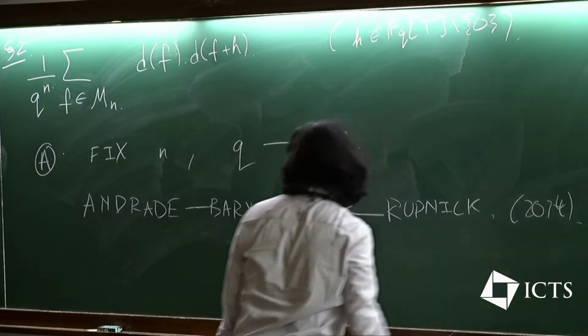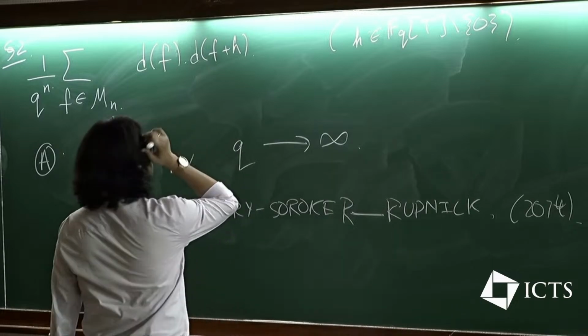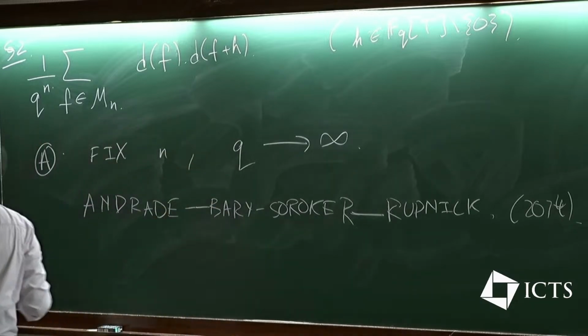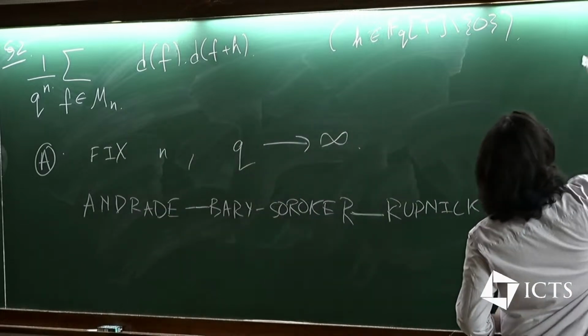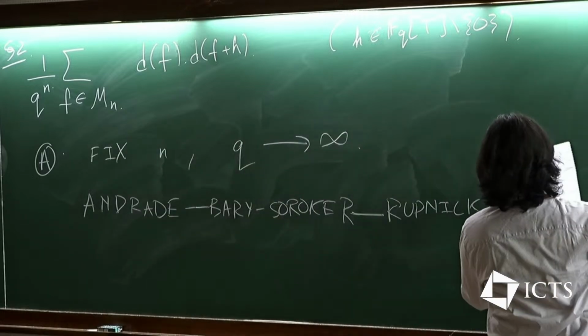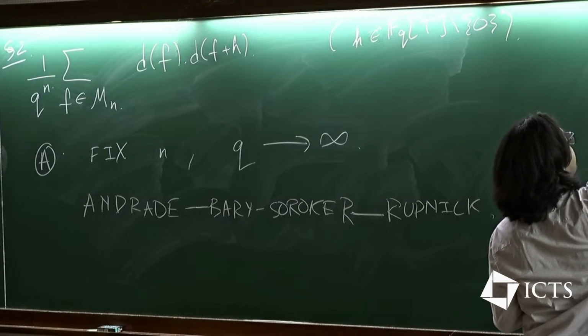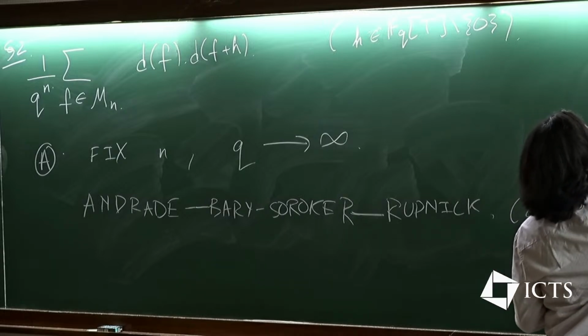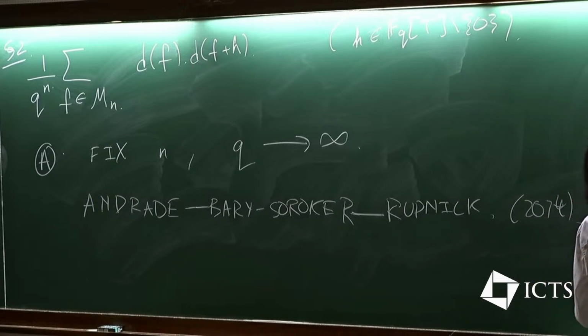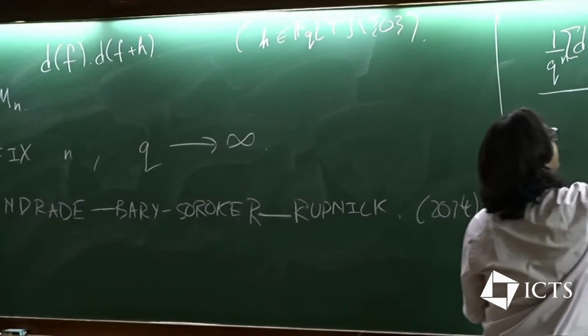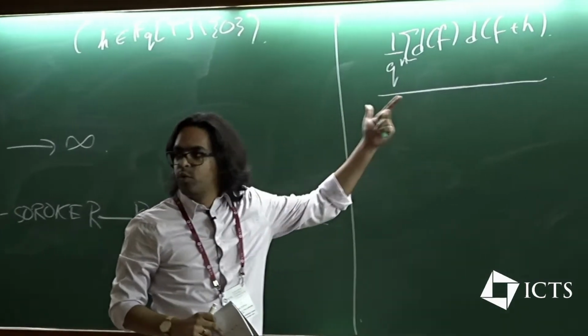So they showed that if you look at this, maybe I will go to the next board, or maybe let me use this board. So if you look at the average value of this, and you divide by what you would expect if it was truly independent, right?